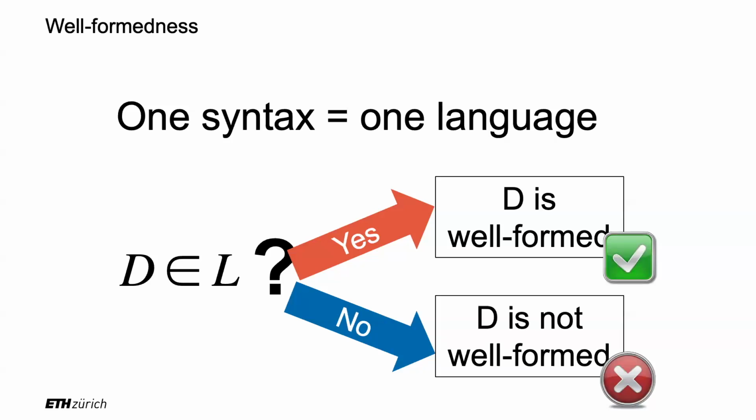And my language tells me if I accept it or if I reject it. So if I give you any document, I can ask you, is it well-formed JSON? The answer is yes or no. Or I can ask you, is it well-formed XML? The answer is yes or no. It's really a yes-no question, right? And if the answer is yes, then I can parse it and have a memory representation. If the answer is no, then forget about it. If the answer is no, I cannot do anything about it. Right? Who is with me?